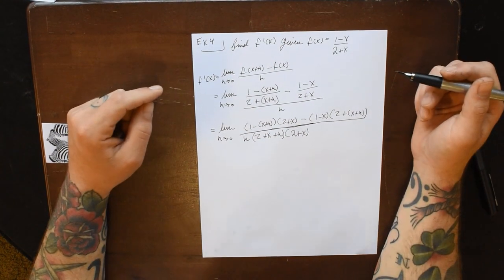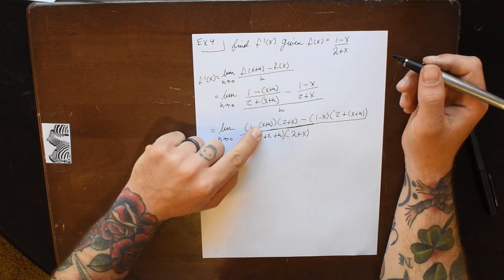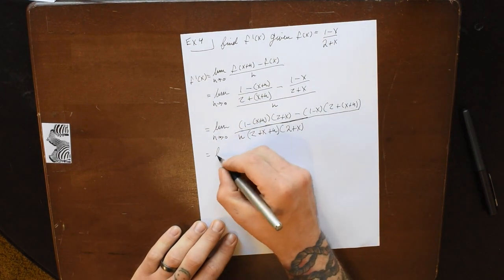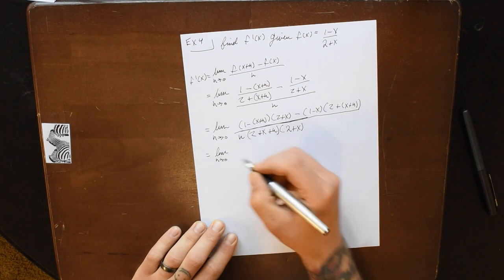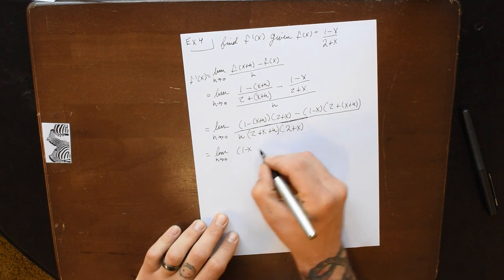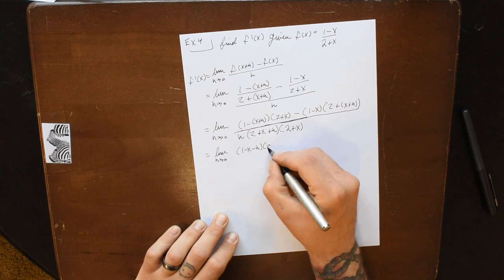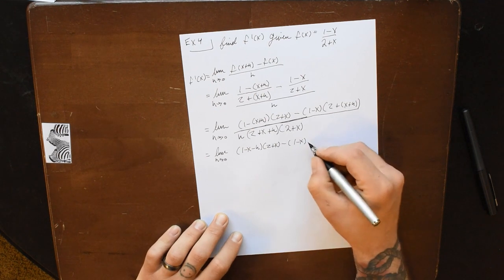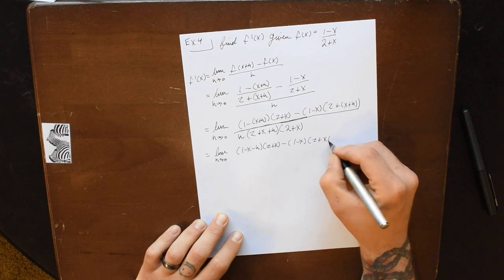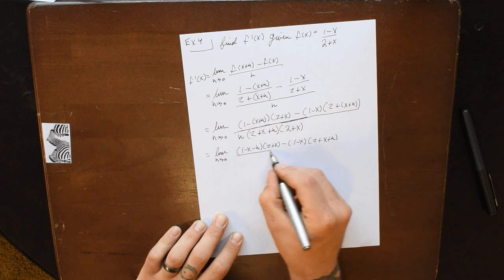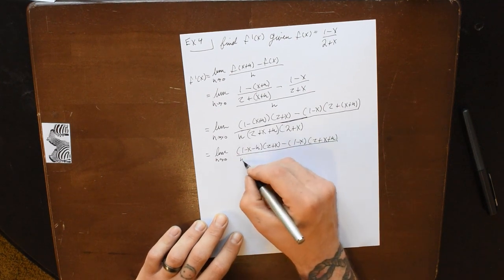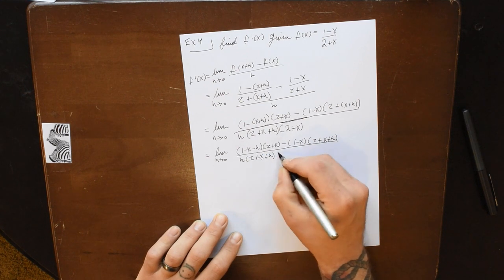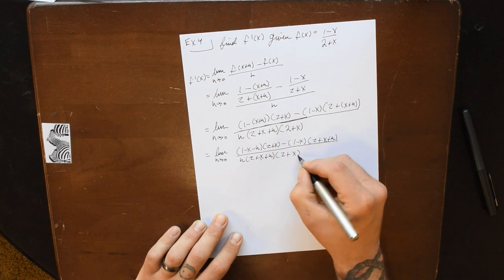Okay, let me now distribute these minus signs in the numerator. Limit h goes off to 0 of 1 minus x minus h times 2 plus x minus 1 minus x times 2 plus x plus h all over h times 2 plus x plus h times 2 plus x.